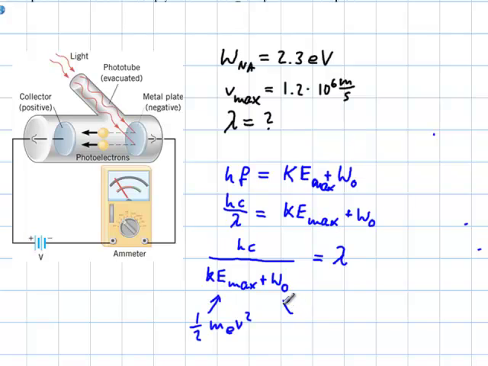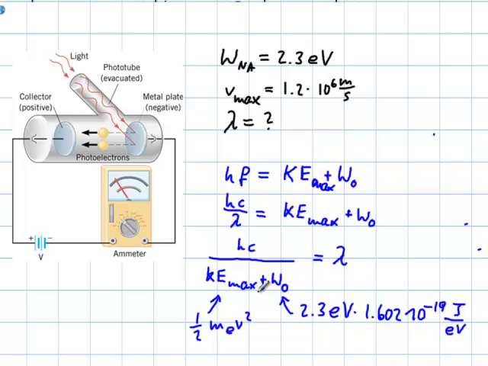And then the work function here, well, it's 2.3 electron volts, but notice that everything else here will come out in joules, so this one has to be in joules as well. And so therefore multiply 2.3 electron volts by 1.602 times 10 to the negative 19 joules per electron volt. That's the conversion between the two.